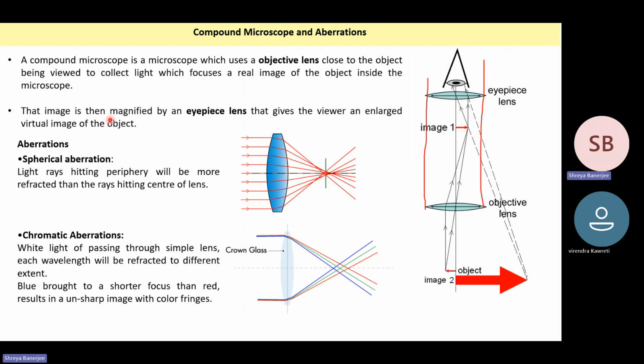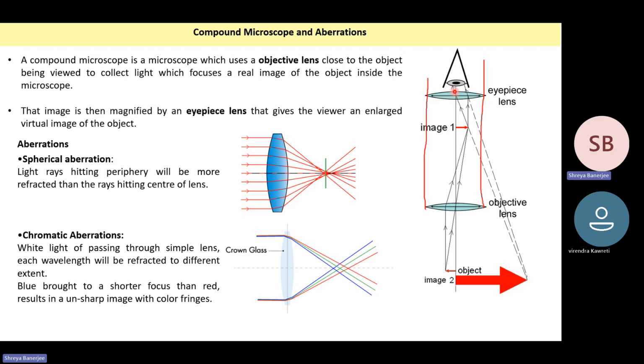This image is then magnified by an eyepiece lens that gives the viewer an enlarged virtual image of the object. So you have this image. Now this image is being magnified by the second lens, which is called an eyepiece lens. Here you can see in the eyepiece lens what happens. The light passes through the image and goes to the eye, but there is no direct intersection of the light beam.